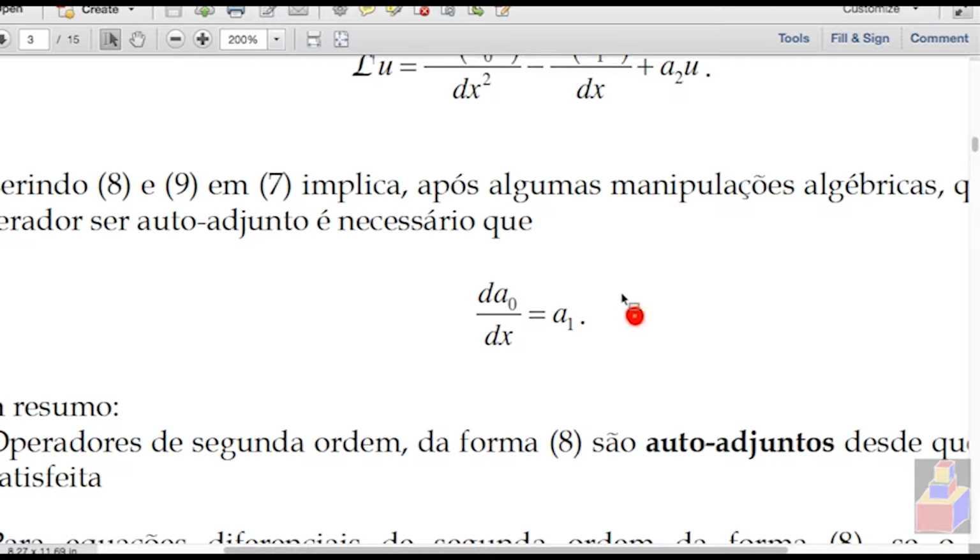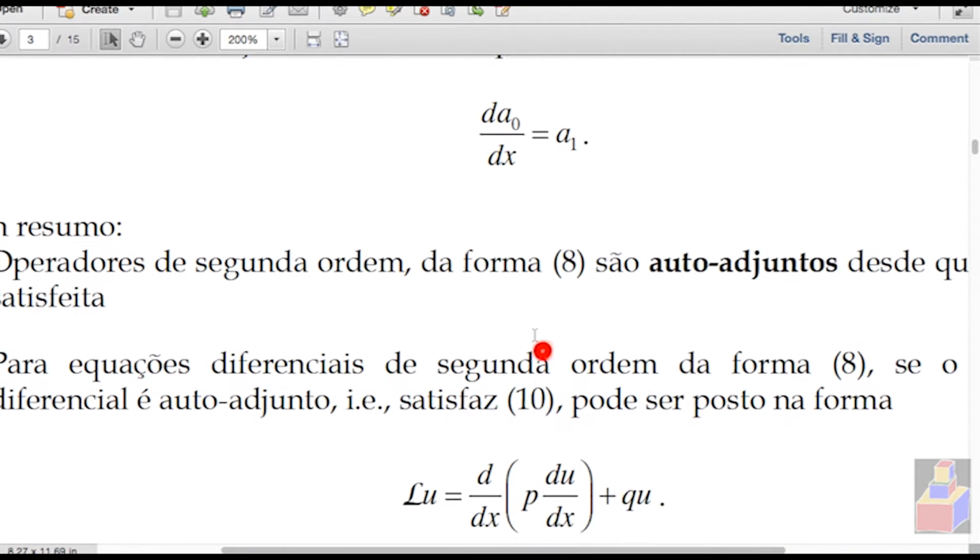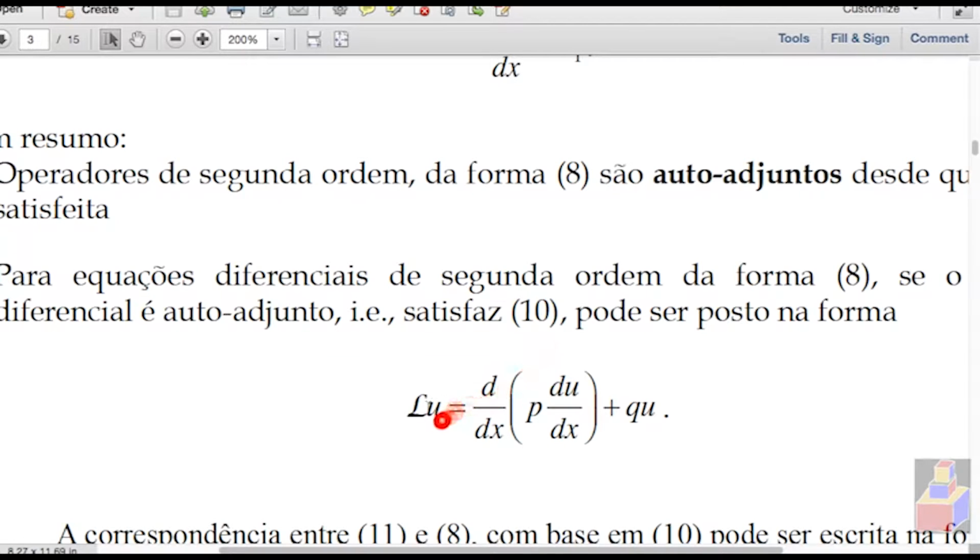Okay? If the operator is self-adjoint, you can always write the operator acting on U in this form here. Because if we work this out, P is the coefficient of the second derivative, and the derivative of P is the second coefficient.